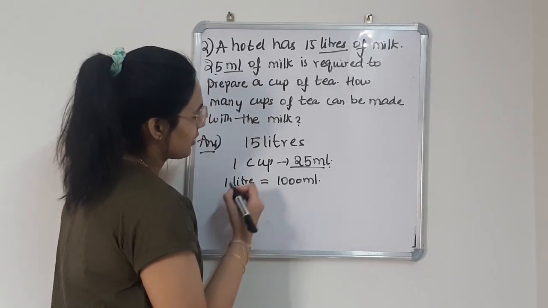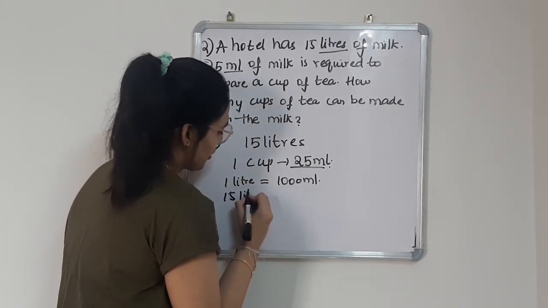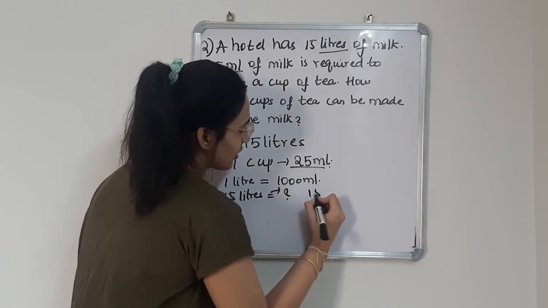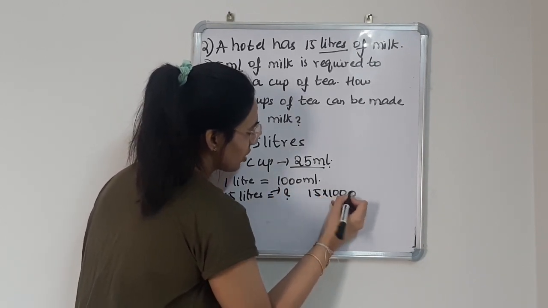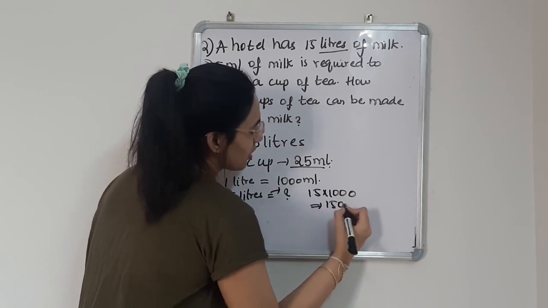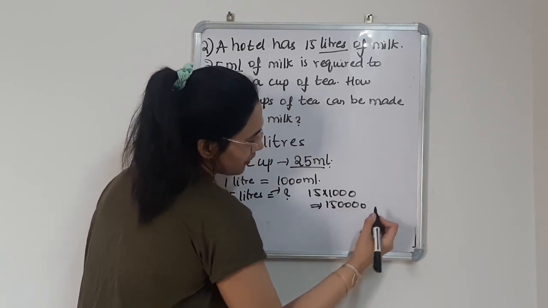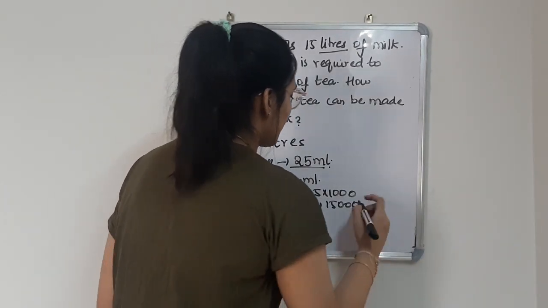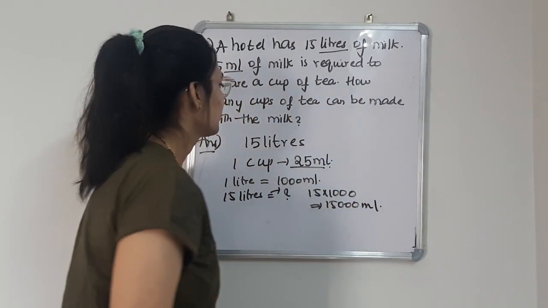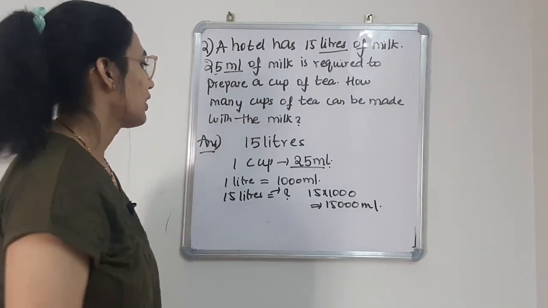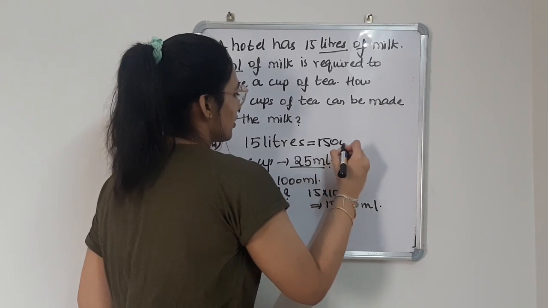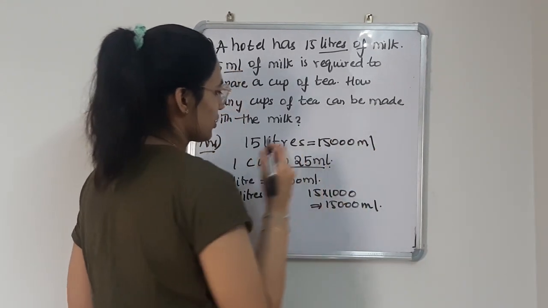So 1 liter is this much. 15 liters is equal to how much? That is 15 into 1000, that is 15,000 ml. Right? Now, 15 liters is equal to 15,000 ml.